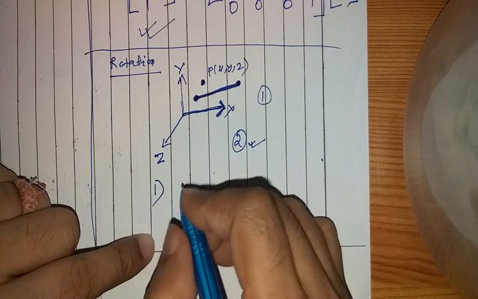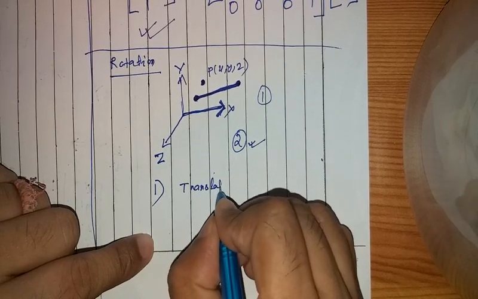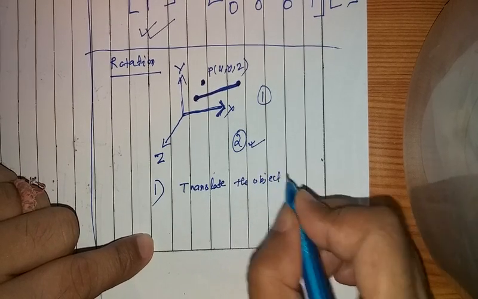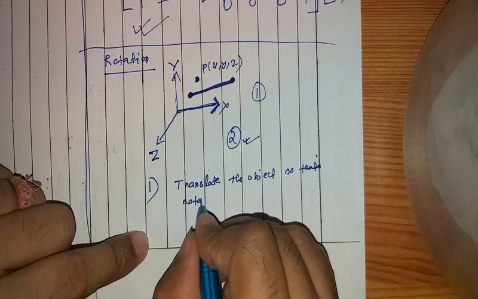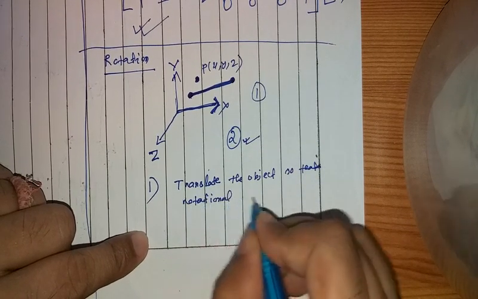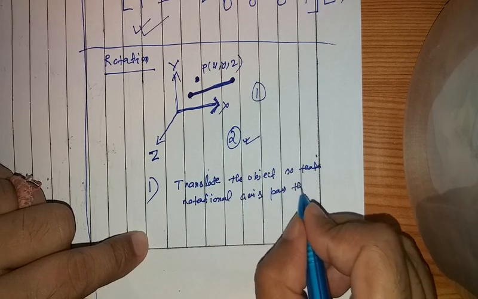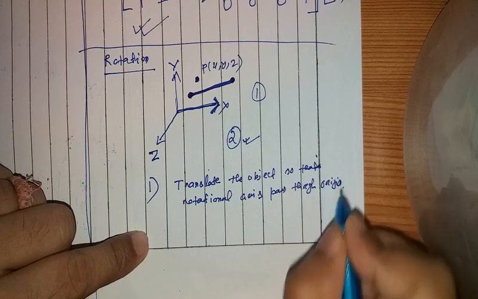The first step: translate the object so that the rotational axis passes through the coordinate origin. This is the first step.